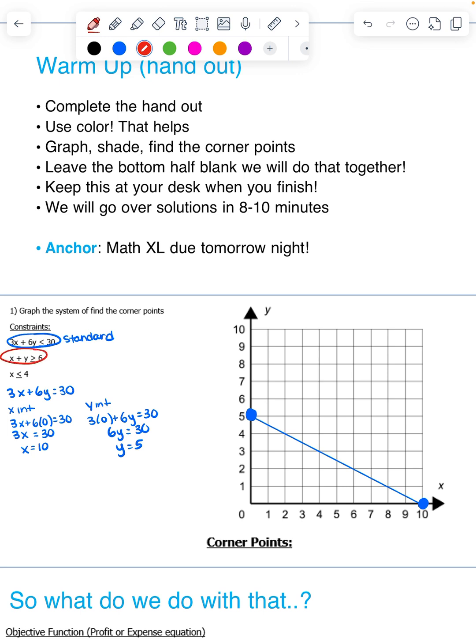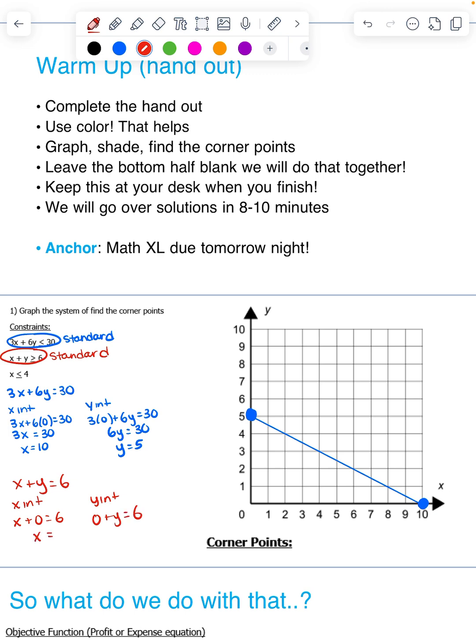The next line I'm going to graph is also in what's called standard form. So I am going to take away the inequality symbol and make it an equal to, and I'm going to find the x-intercept by plugging 0 in for y, and I'm going to find the y-intercept by plugging 0 in for x.